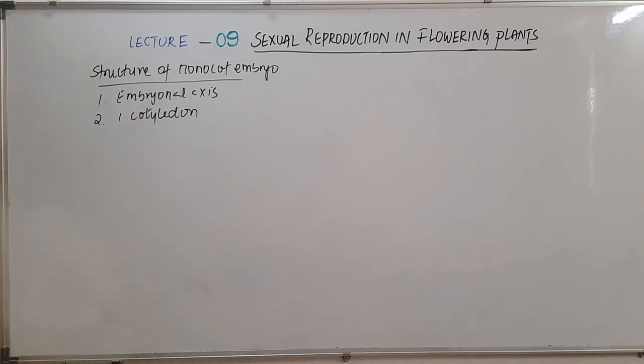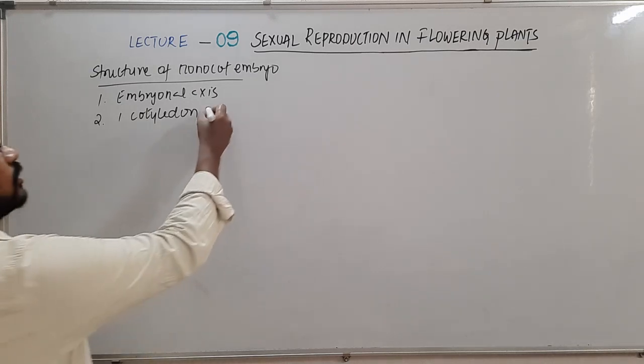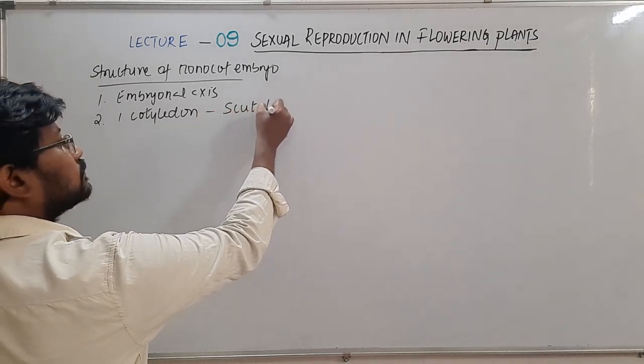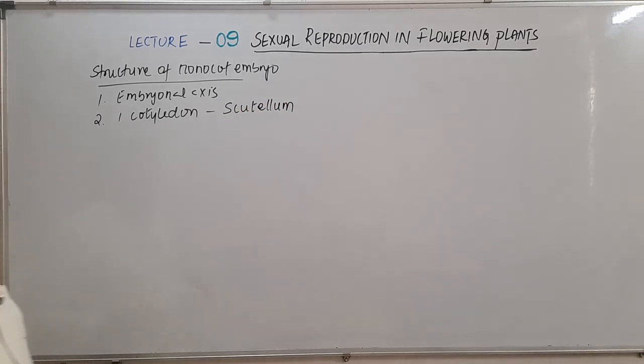So the other cotyledon is not present, or in fact it becomes non-functional, right? So that one cotyledon which is functional is what we call the scutellum, right? So now let's look at the diagram of this monocot embryo, right?